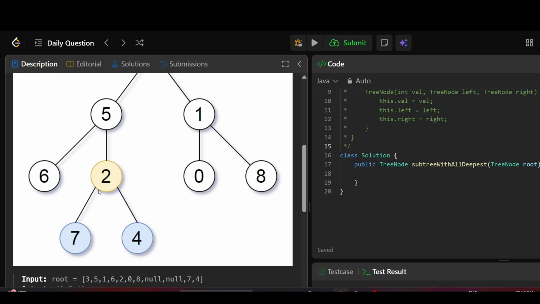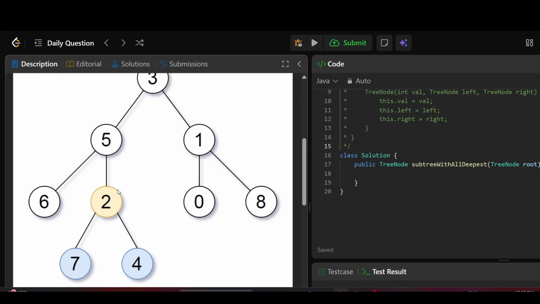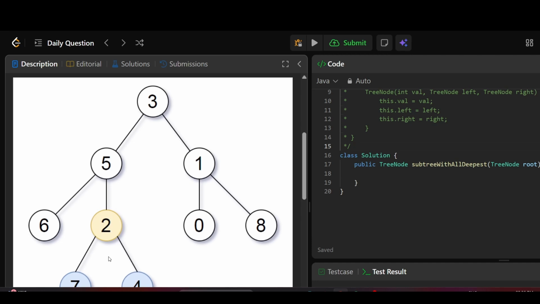Their depths are equal, 3 and 3, because the distance of 7 from the root is 3, and the distance of 4 is also 3. So the subtrees of 2 are equal in length, and this could be one of our possible solutions, but this is a bottom-up approach.